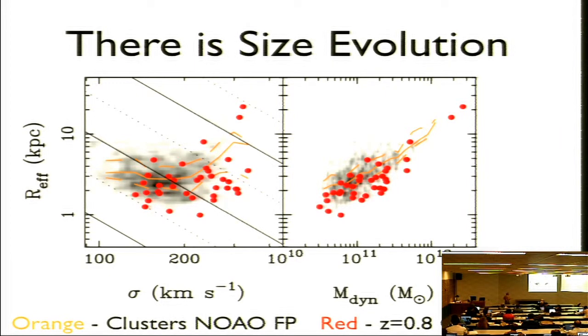And you can see that at a given velocity dispersion, they're all smaller than today's cluster galaxies. So yes, cluster galaxies today are smaller than field galaxies at the same dispersion, but there's still significant evolution in the distribution of sizes at a fixed velocity dispersion for cluster galaxies.